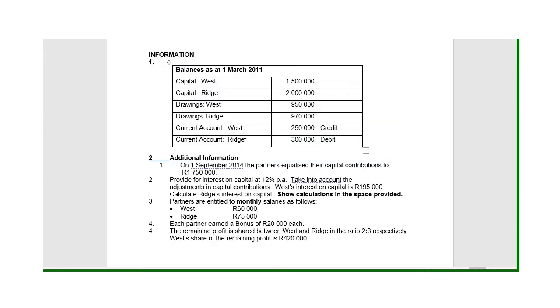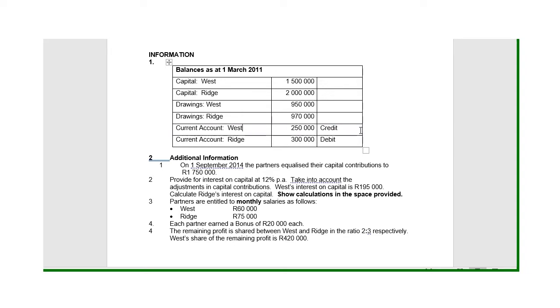Next balance, the current accounts. A current account can either be debit or credit. This is the account where we record whatever the partner is entitled to take and what he actually took out. So if he took out more than what he is entitled to, he will end on a debit balance. If he took out less, he will end on a credit balance.